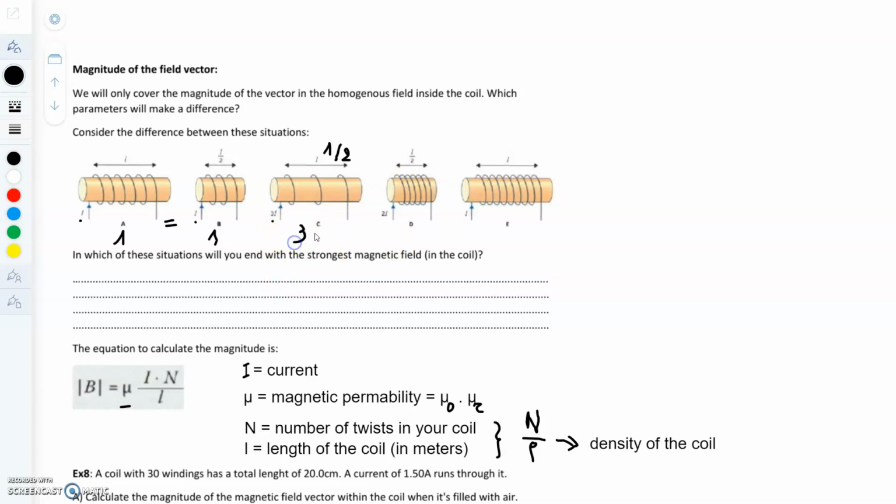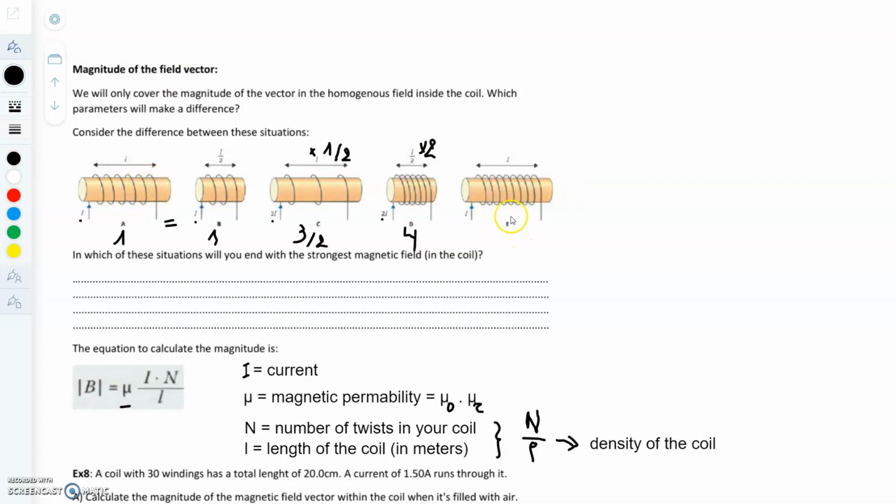This one will actually be 1.5 times as strong, situation C, as situation A or B. When we look at situation D, you've got 6 coils, but for half the length of the coil, meaning the density is actually, in this case, twice as large as situation A. And it's got twice as much current running through it. In total, this would be a factor 4. The field created by this situation will be 4 times as strong as situation A.